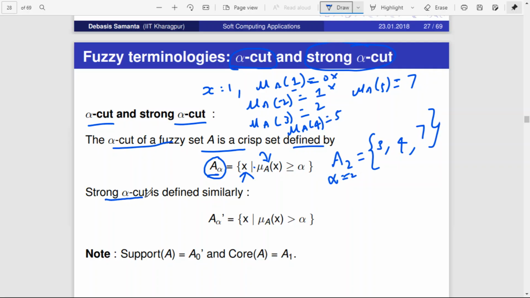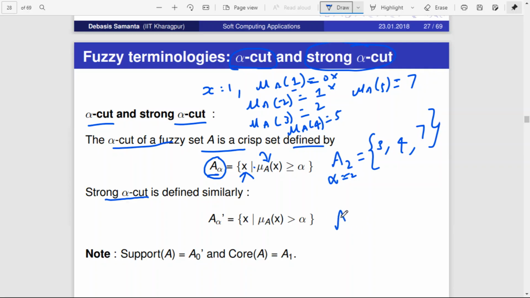What is strong alpha cut? It is very similar. Strong alpha cut is represented as A dash of alpha, which is equal to x such that the membership function results in a value greater than alpha, whereas alpha cut is greater than or equal to alpha, and strong alpha cut is strictly greater than alpha.